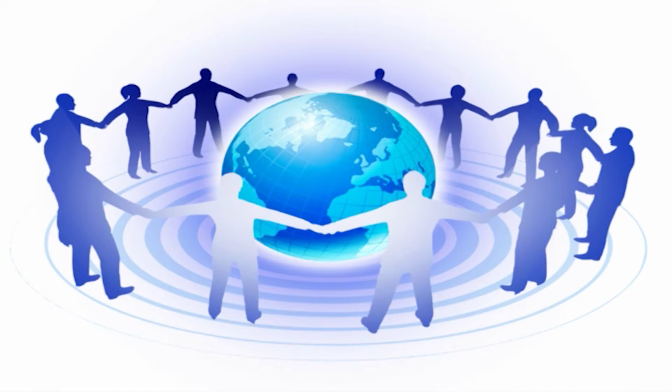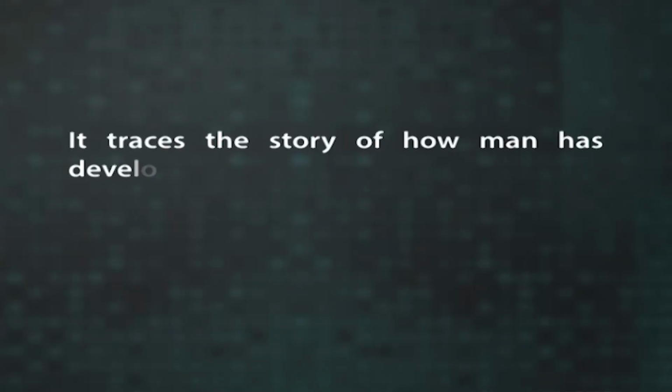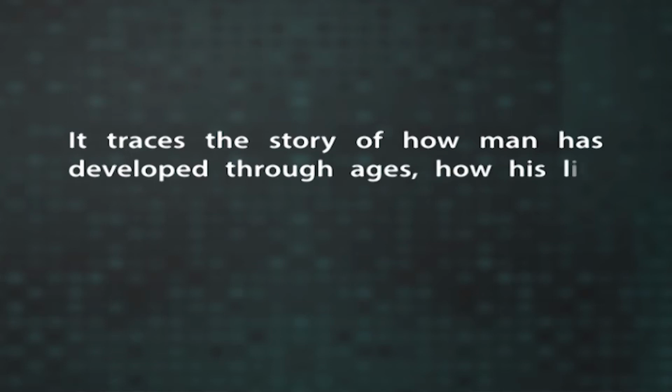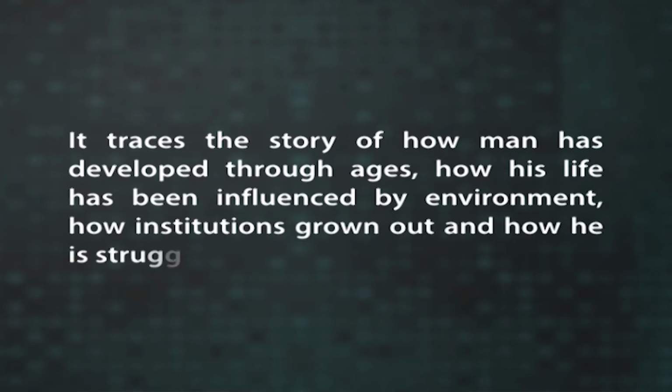How the people meet different needs depends upon their environment and culture and their interdependence for satisfaction of these basic needs, the ways in which people solve the problems of today and tomorrow. It traces the story of how man has developed through ages, how his life has been influenced by environment, how institutions have grown out, and how he is struggling today.